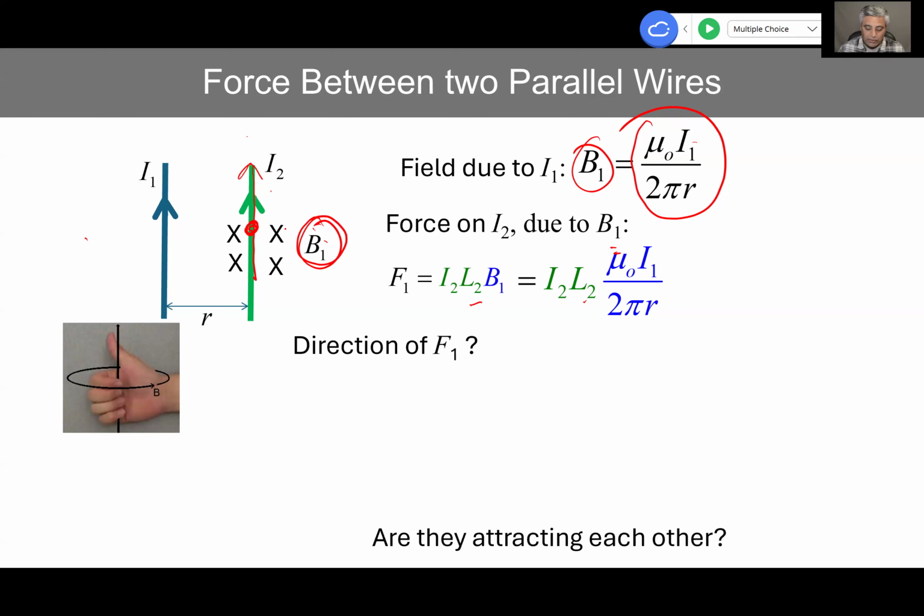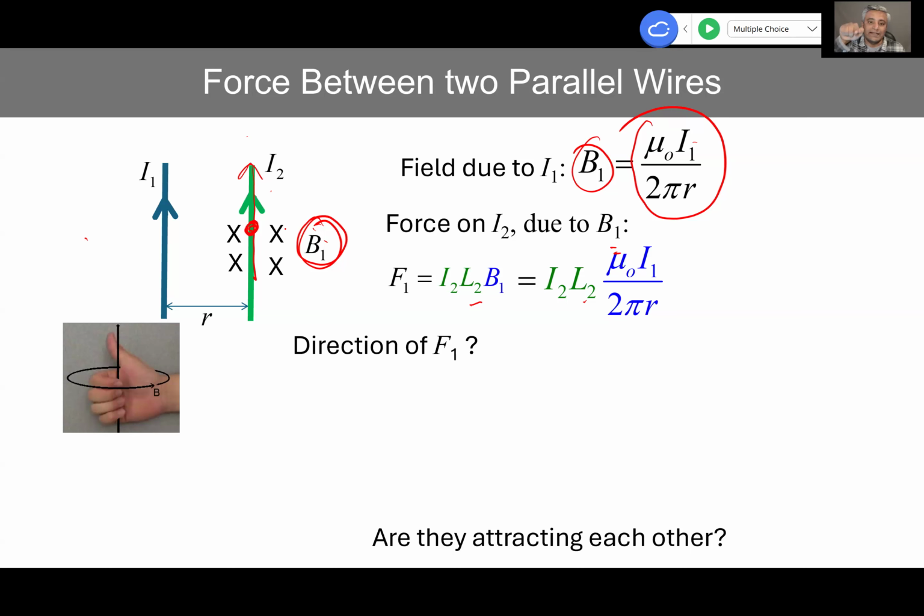We start by lining up our forefinger in the direction of the field, with a flat hand. It's flat like this, horizontal, because my paper is sitting on the table. If you are looking at the screen, which is vertical, you can do it like that.